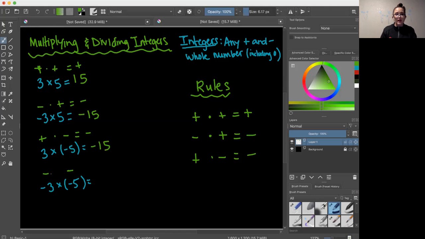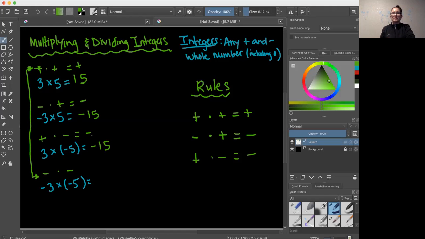The last rule, I have a negative times a negative. Now the same with this rule up here, okay? You see how we have two positive numbers and they're the same symbol, positive and positive is the same operation.